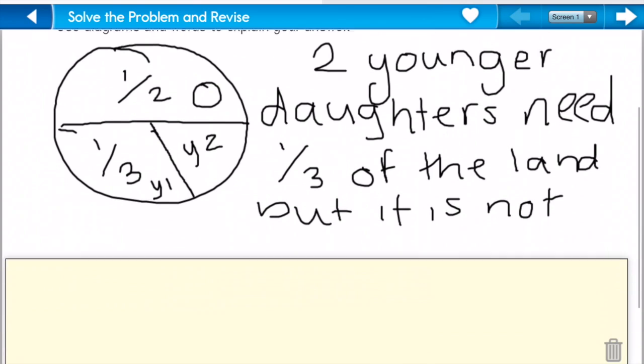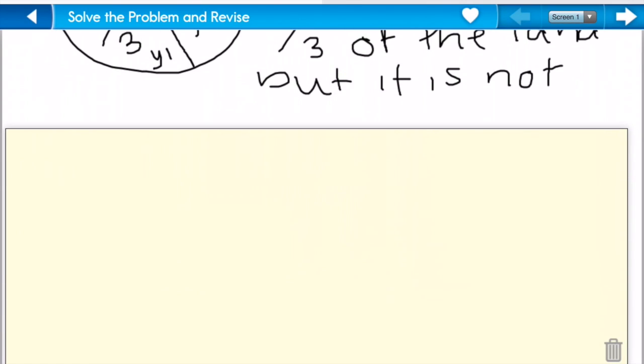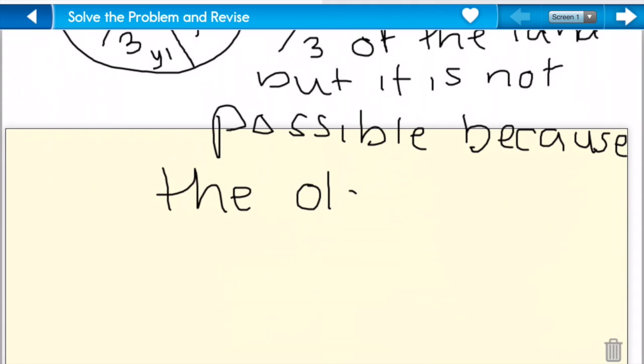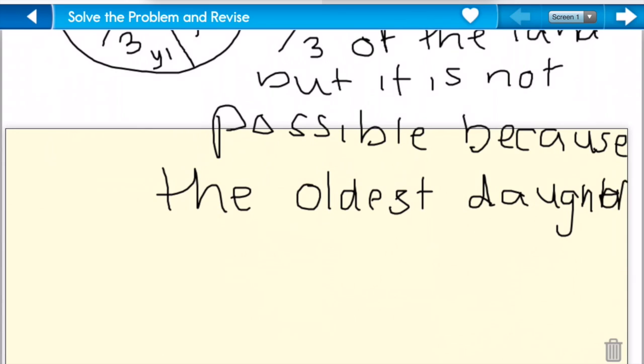I'll have to scroll down a little bit so I can finish writing.